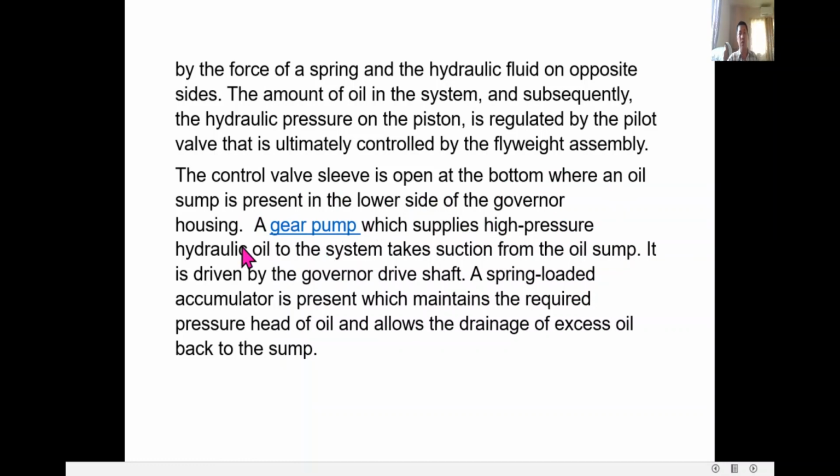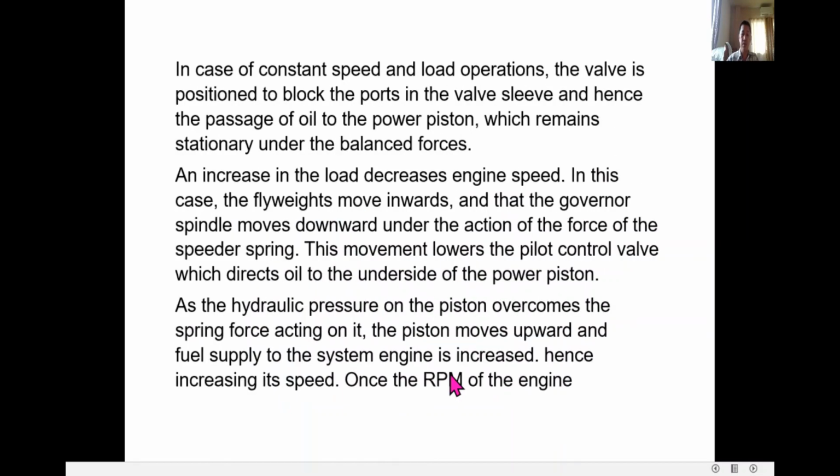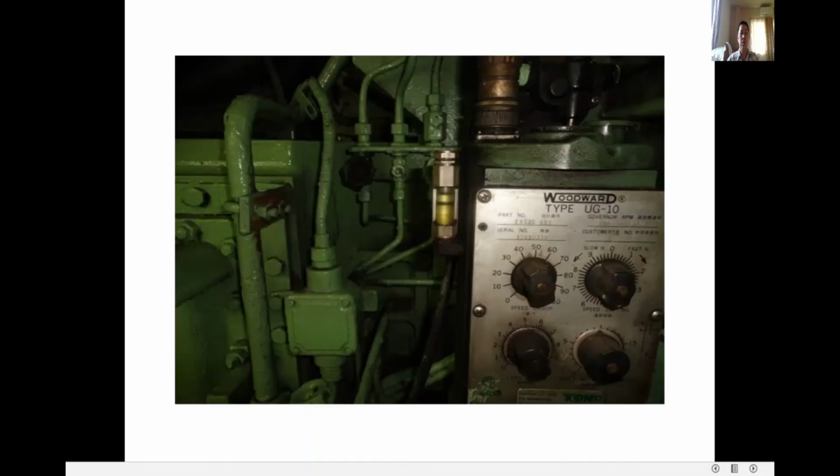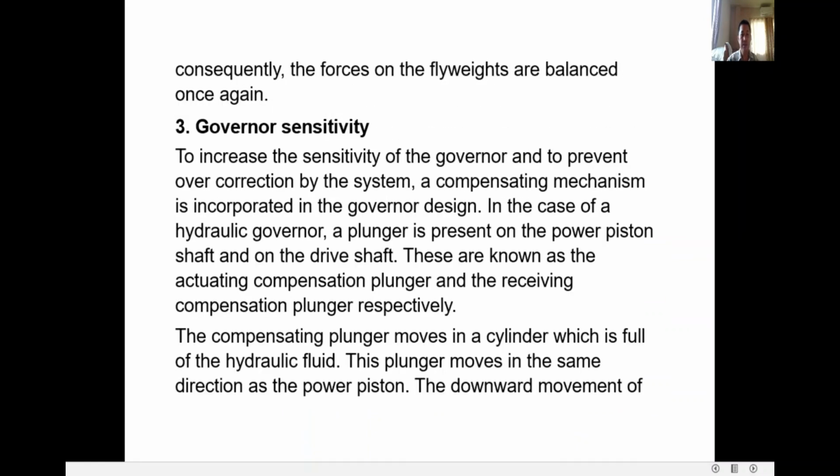A gear pump which supplies high pressure hydraulic oil to the system takes suction from the sump and is driven by the governor drive shaft. A spring loaded accumulator is present which maintains the required pressure head of oil and allows the drainage of excess oil back to the sump. So where is this drawing? A lot of information here.